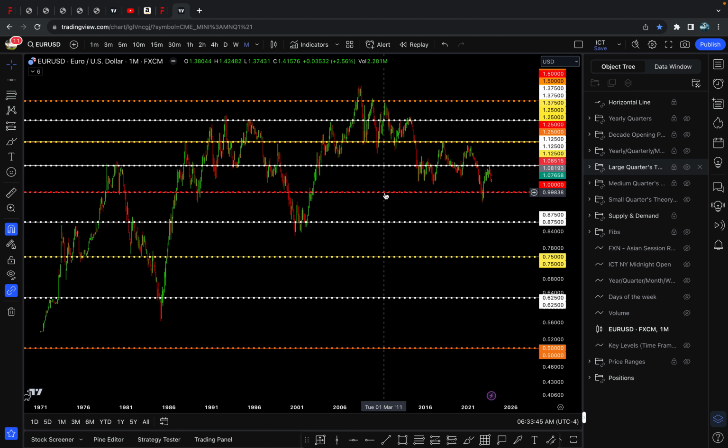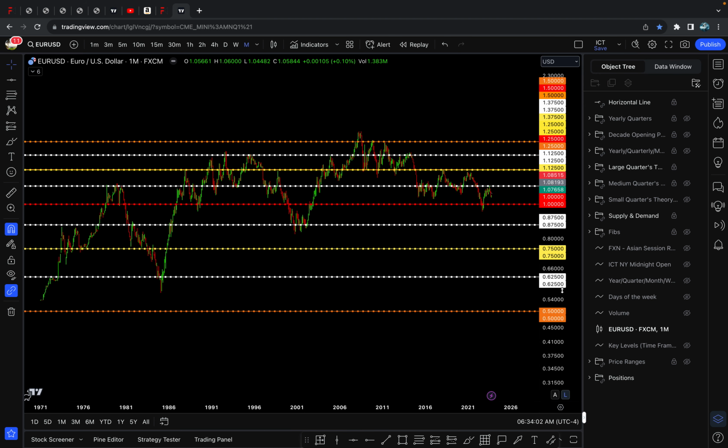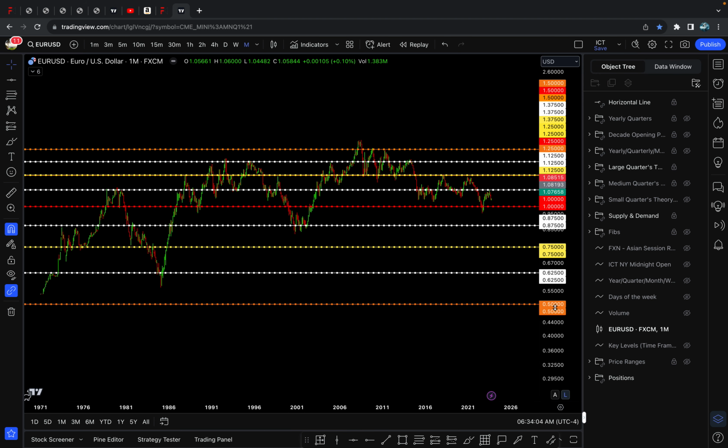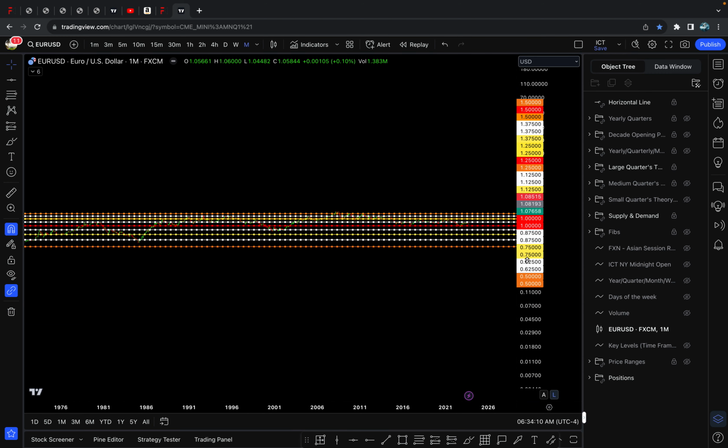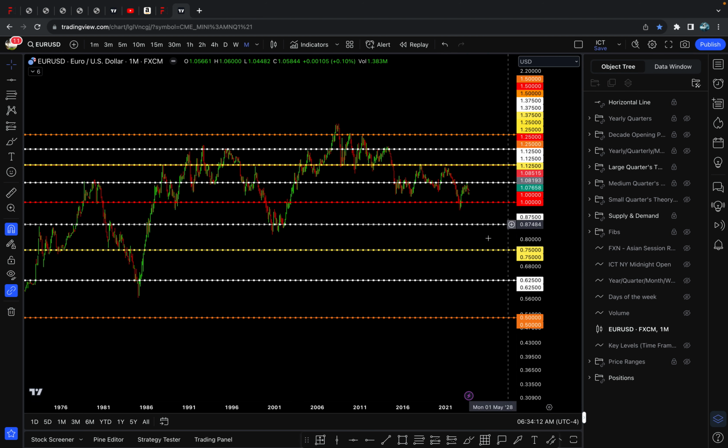Halfway between the 100,000 basically to the 75,000 is 87,500, and on and on. Basically, it's pretty simple. All you're doing is dividing in half, starting from 0 to 1, and then dividing in half.